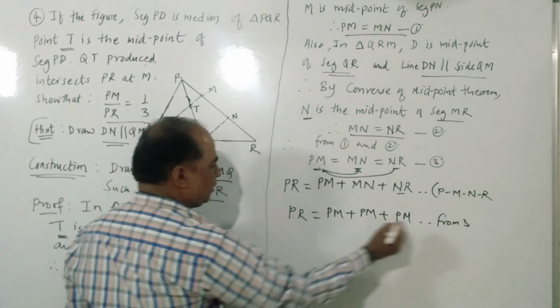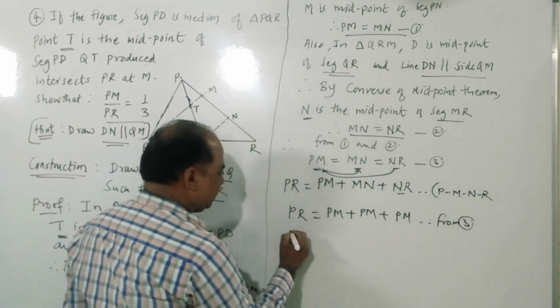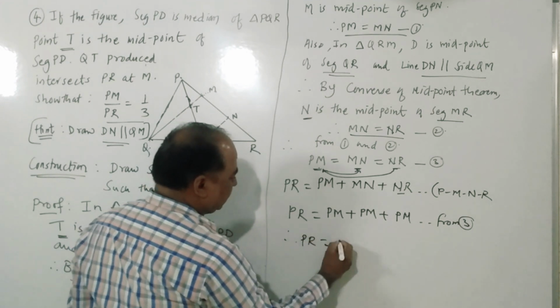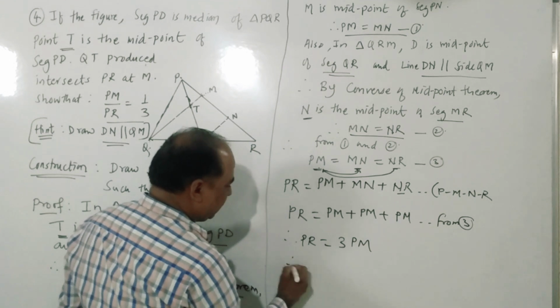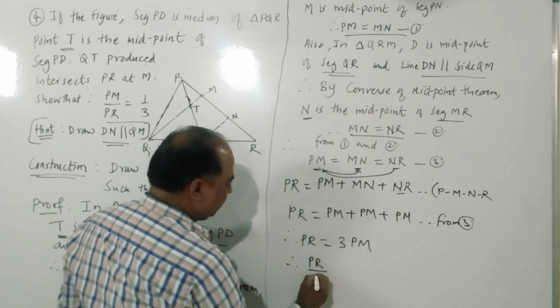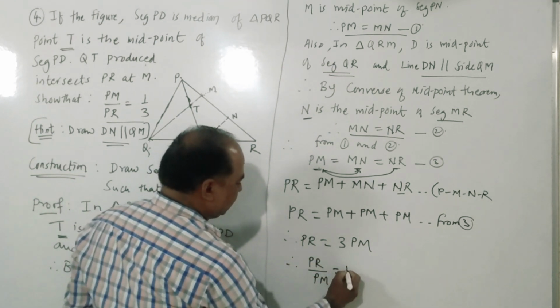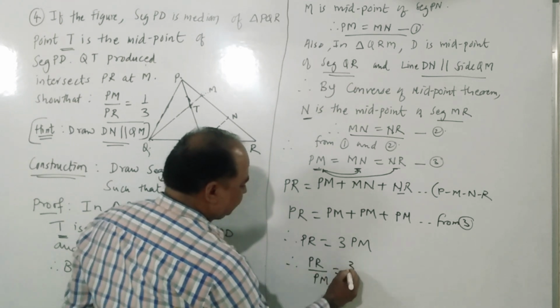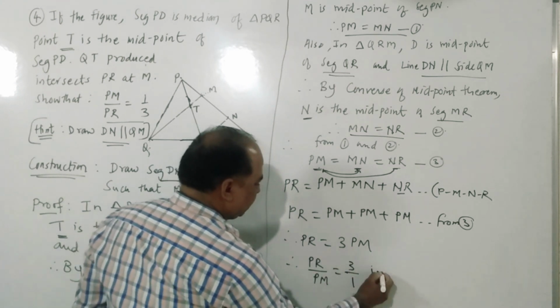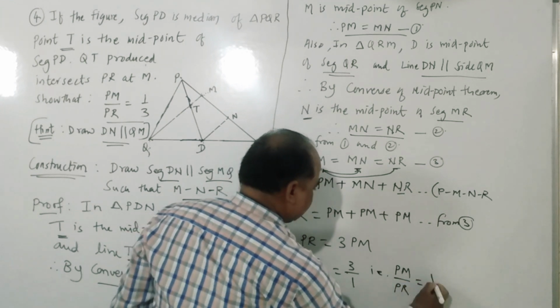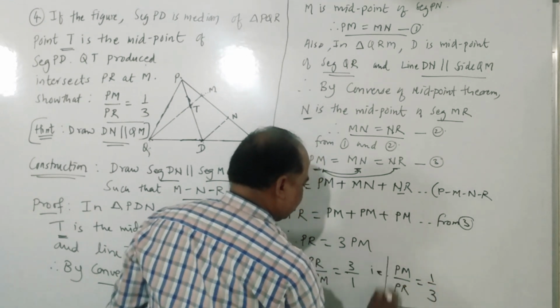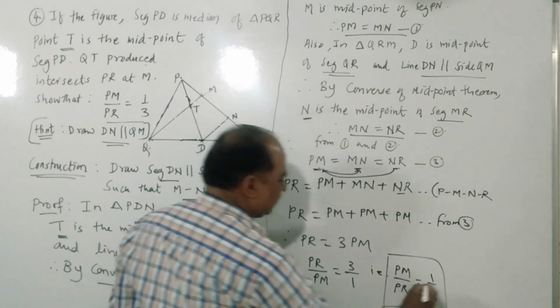Therefore, PR is equal to PM plus PM plus PM, which is 3PM. Therefore, PR upon PM is equal to 3 upon 1, that is PM upon PR is equal to 1 upon 3 by inverting.